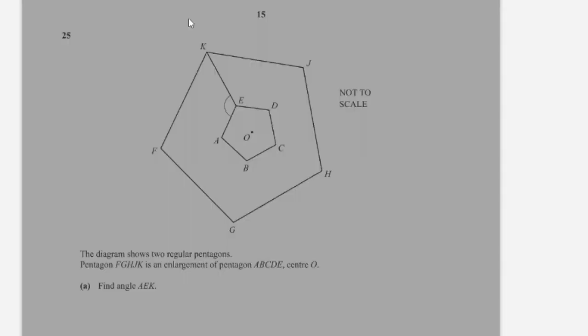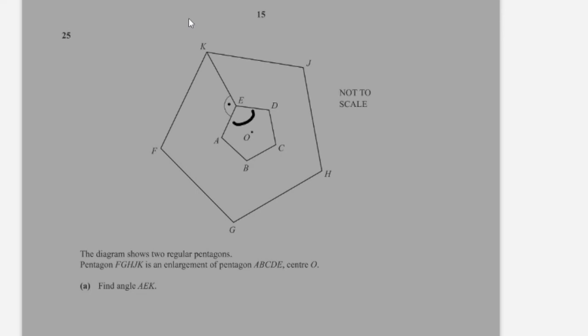Question number 25. The diagram shows two regular pentagons. Pentagon FGHJK is an enlargement of pentagon ABCDE, center O. A, find angle AEK. Alright, so AEK is this angle. Now I'll start with calculating the size of the inside angles and then the outside angles.